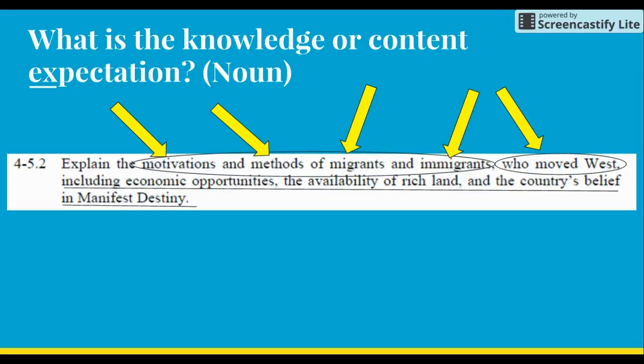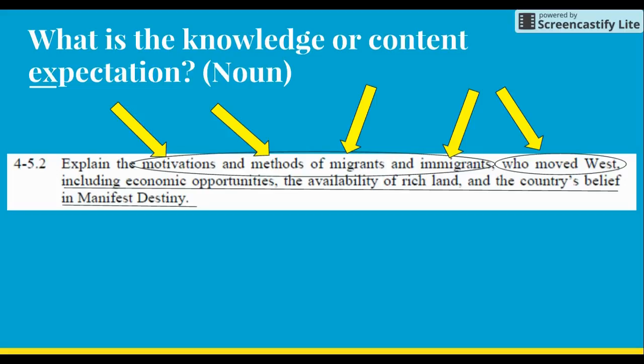If we look at the part of this standard that's underlined here, this gives information on the motives and methods that are to be included in the explanation. So we should include economic opportunities, the availability of rich land, and the country's belief in manifest destiny.